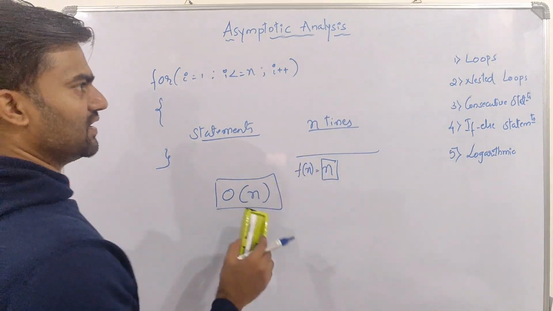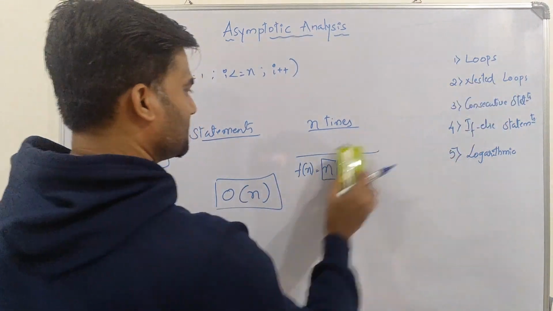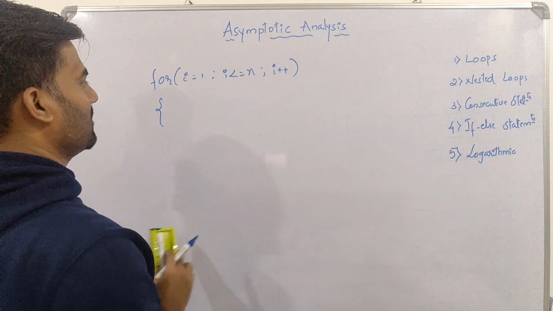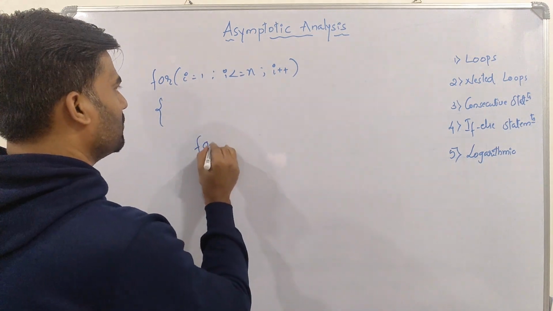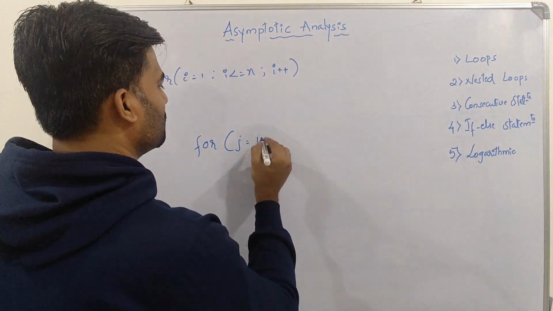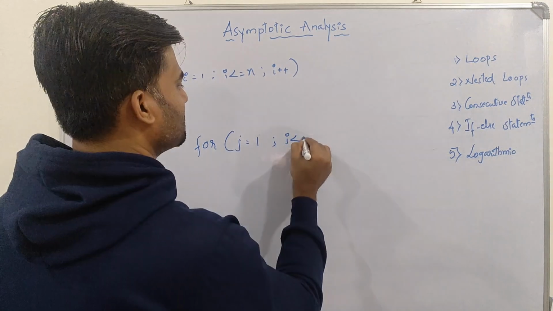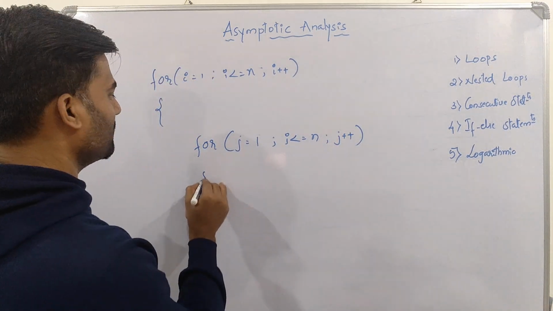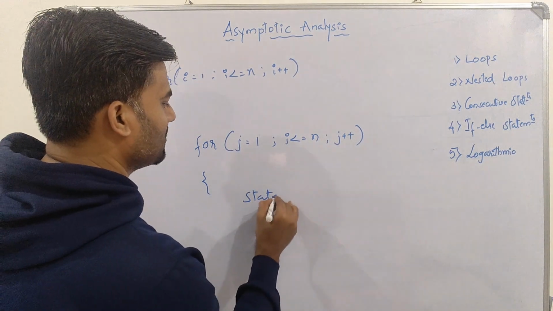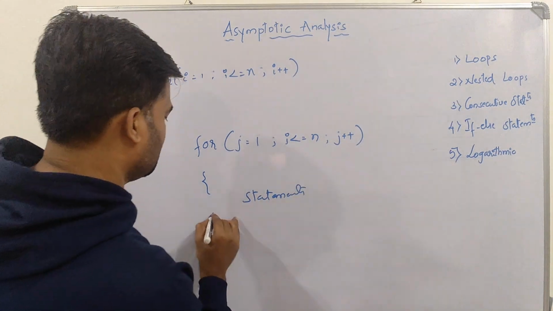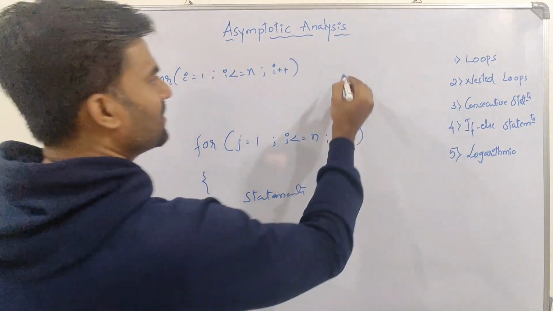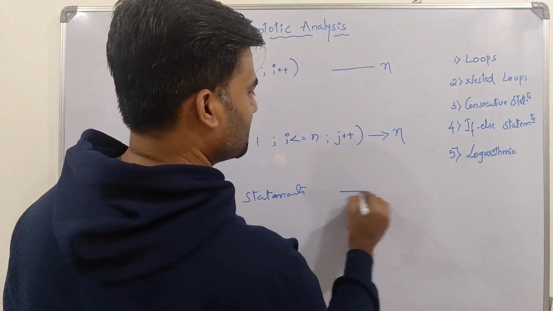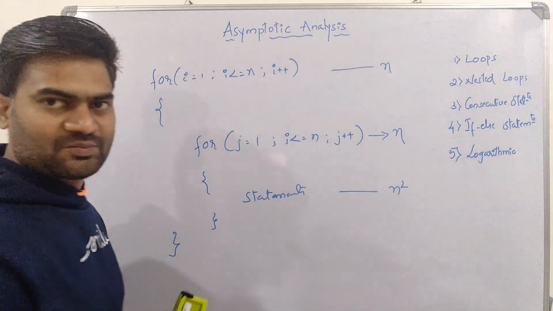Now let us consider the second category, which is the nested one. In that case there will be one more for loop inside the for loop: for j equal to 1, j less than or equal to n, j plus plus, and a statement gets executed here. Basically this executes n times, this executes n times, and this statement executes n square times.